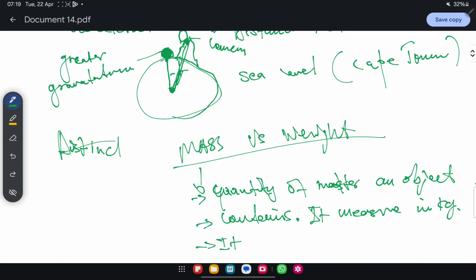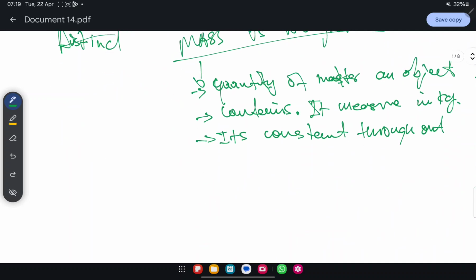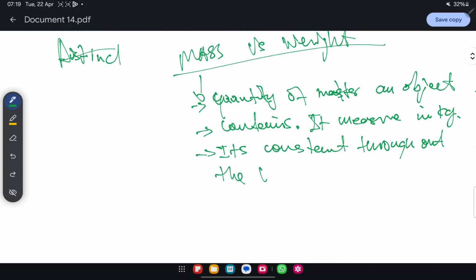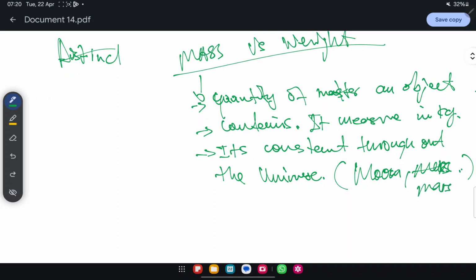It is constant throughout the universe, which means even if I'm going to the moon, Mars, or whatever planet. I want to say mass of a planet, Mars. Yeah, Elon Musk.